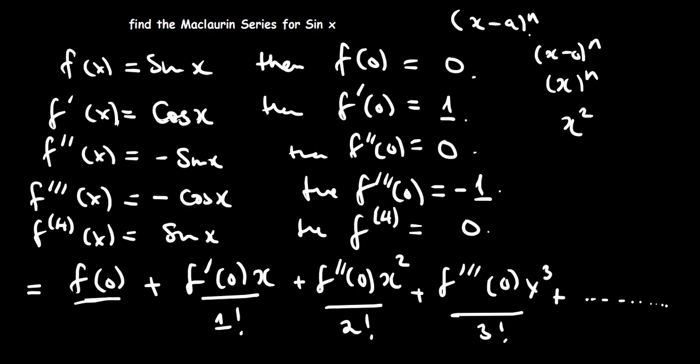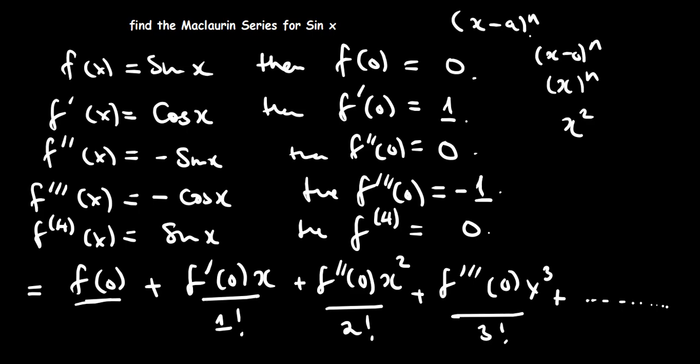So when we place it there, we will have 0. Then we go on to the next one, f prime. There's 1 there, so that's going to be plus x over 1 factorial, which is just 1, and that gives you just x. Then the other one, f double prime of x, is 0, so that will be plus 0 x squared over 2 factorial. Then it continues.